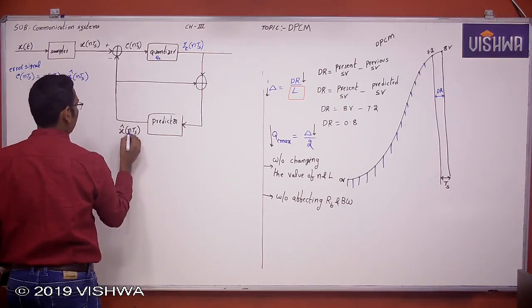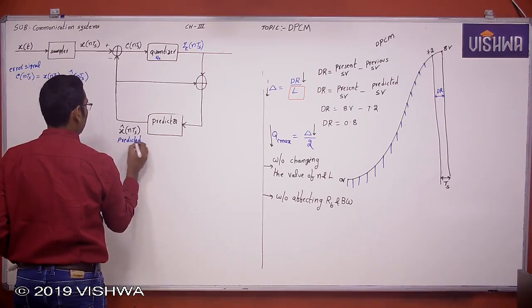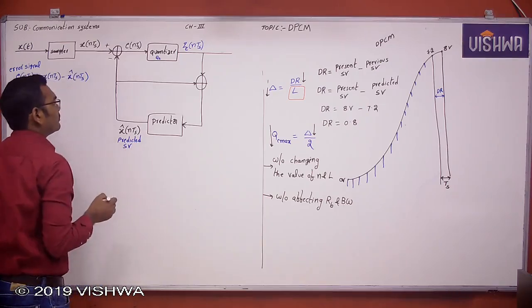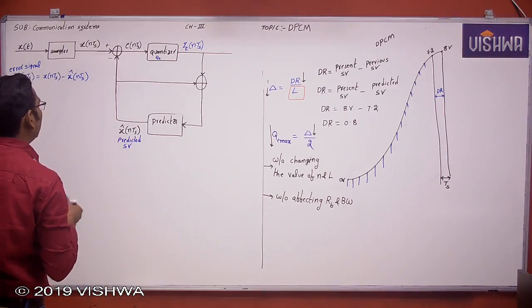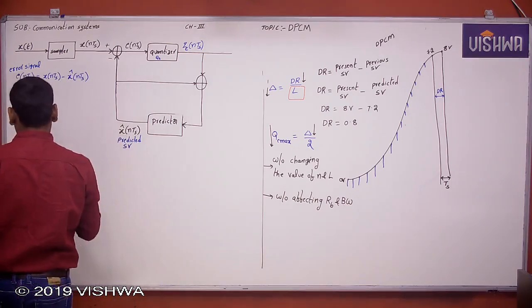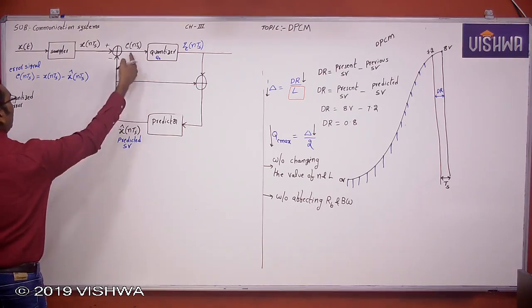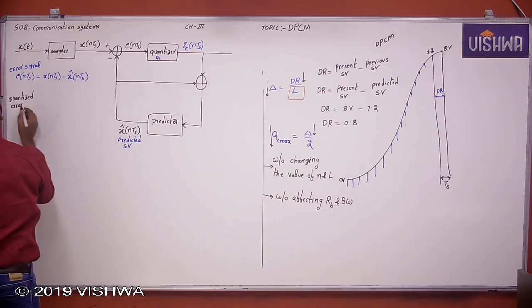Now this is the predicted sample, x cap of nTs is the predicted sample value. Now this is the error signal, and it is going for quantization, giving the quantized error signal.